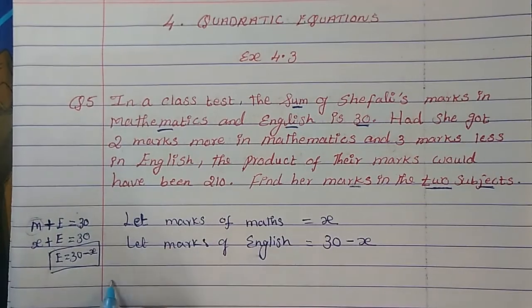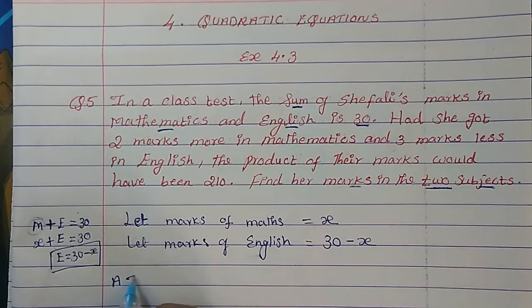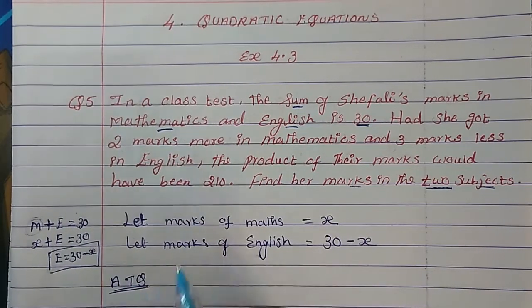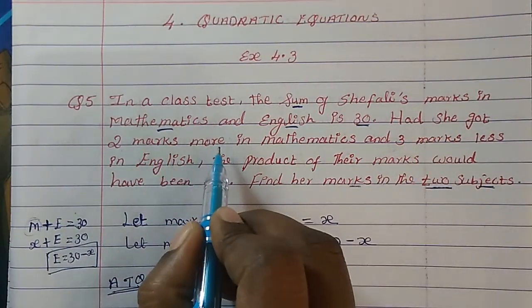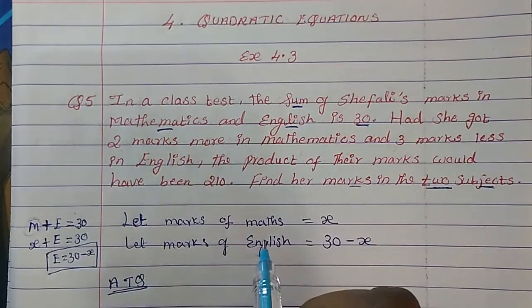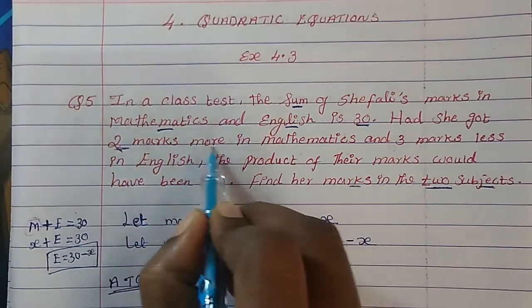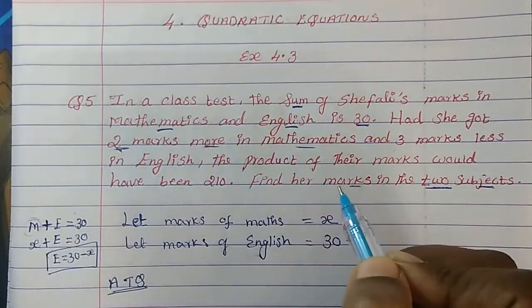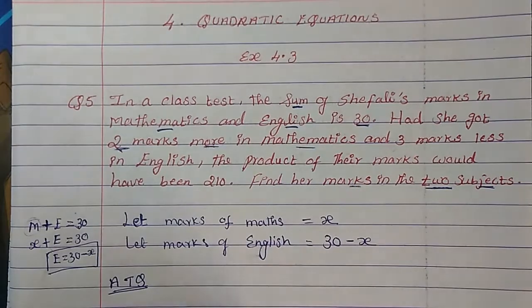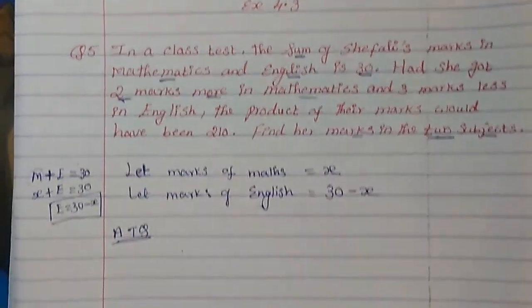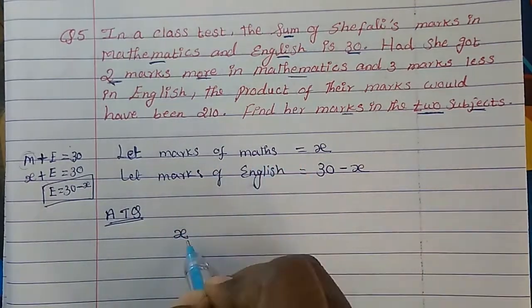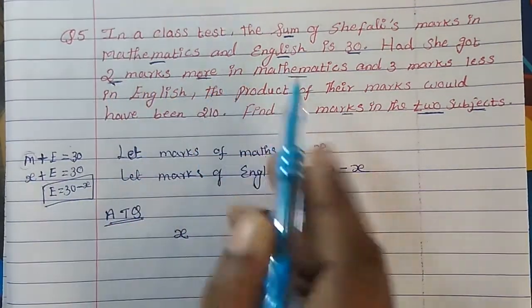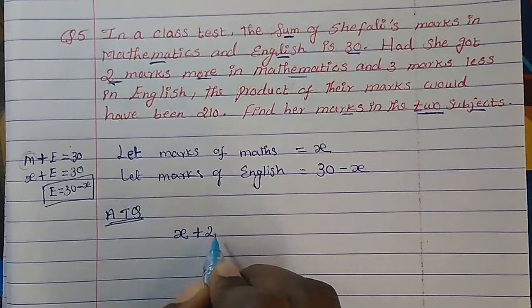Now according to the question, had she got 2 marks more in mathematics, that means the maths mark, which is x, becomes x plus 2.